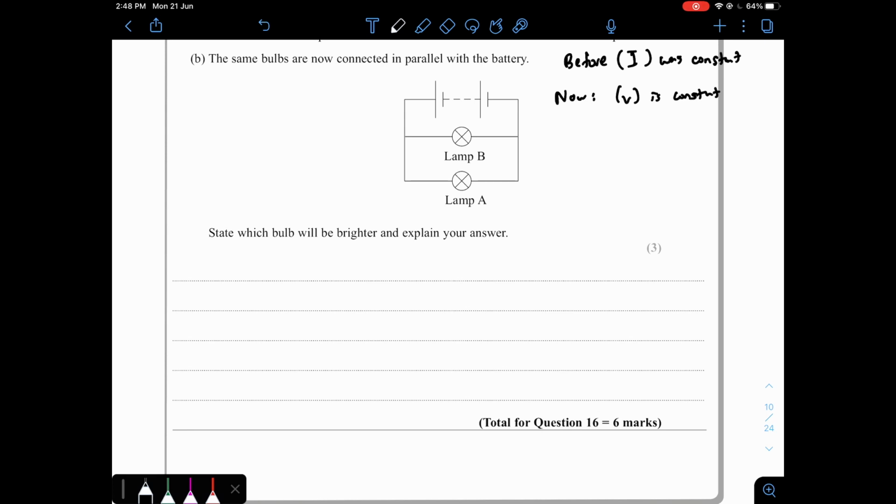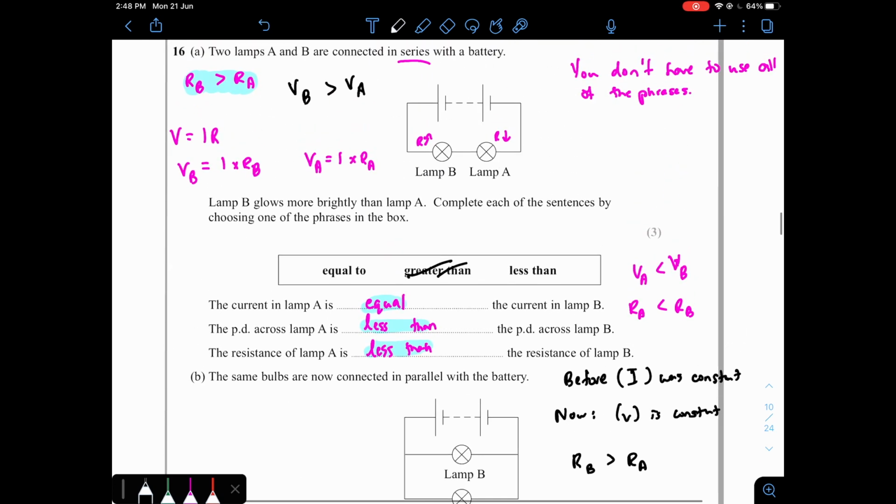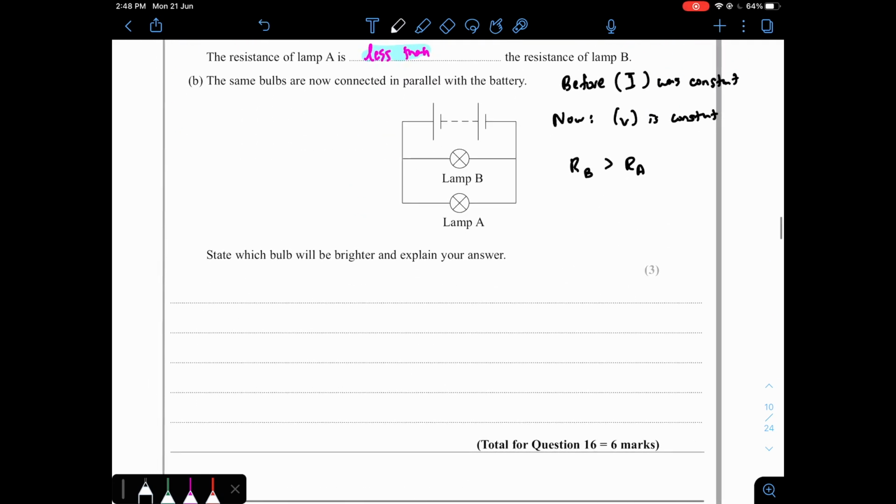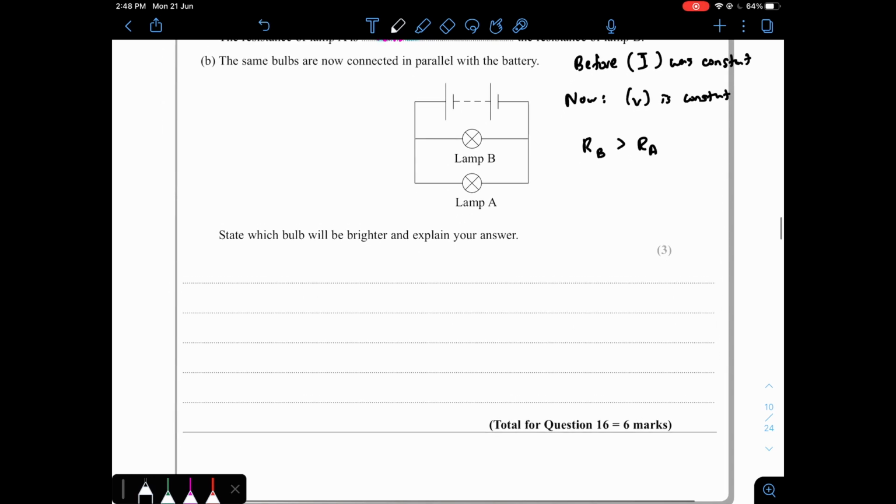So we know nothing about I, but what we do know is the resistance. Resistance of lamp B is still greater than resistance of lamp A. We still know that from the previous question. Okay, so we need to get a formula that only requires R as the main thing that we're comparing, because V is still constant. So how do we determine which bulb is brighter?